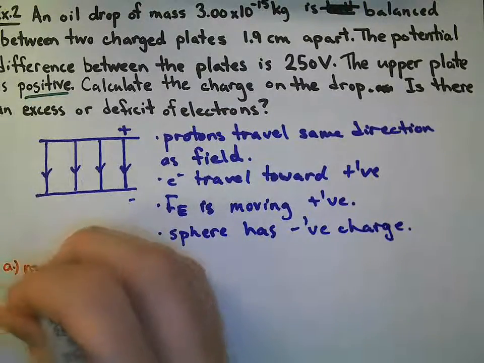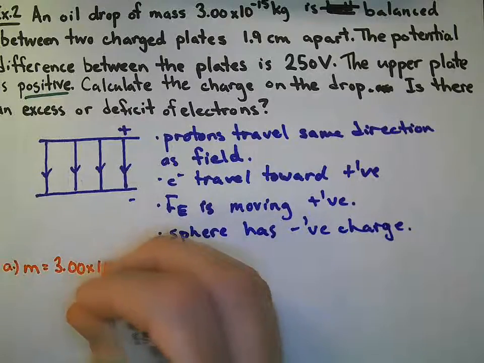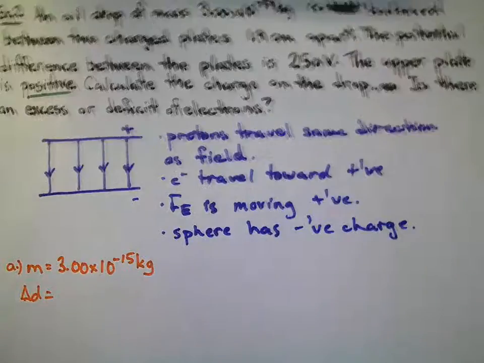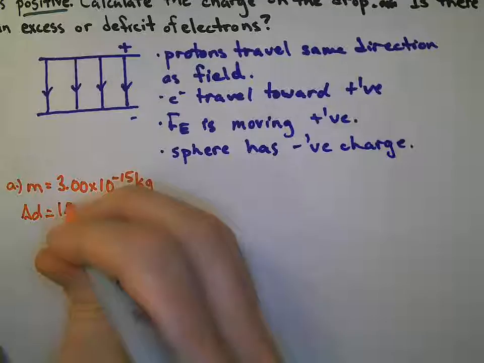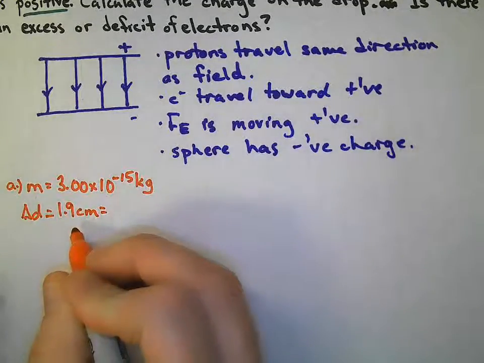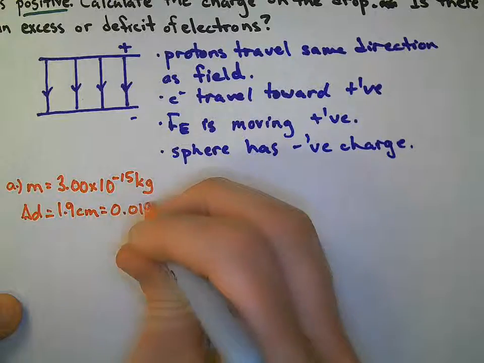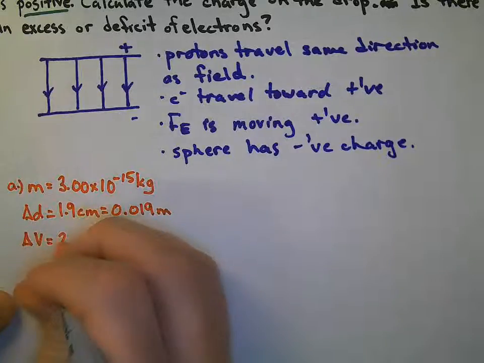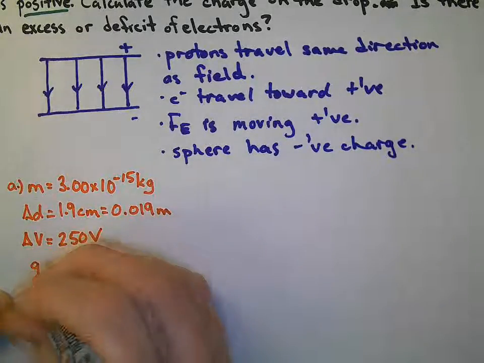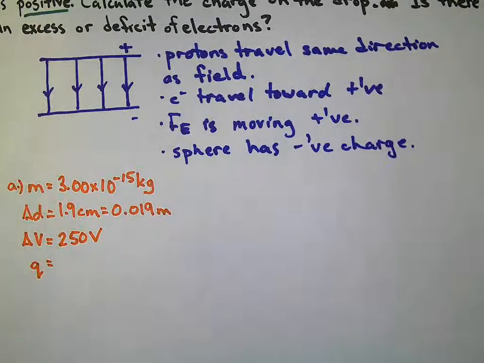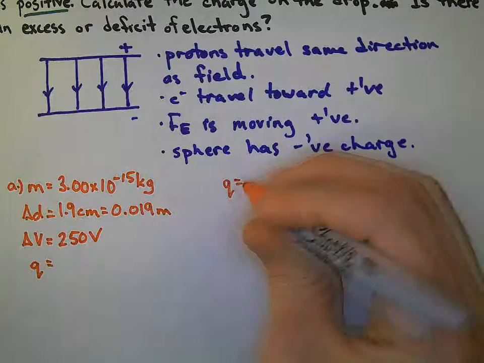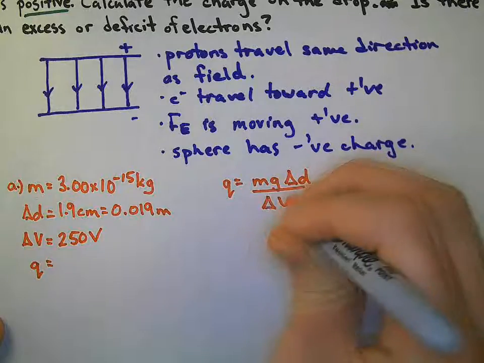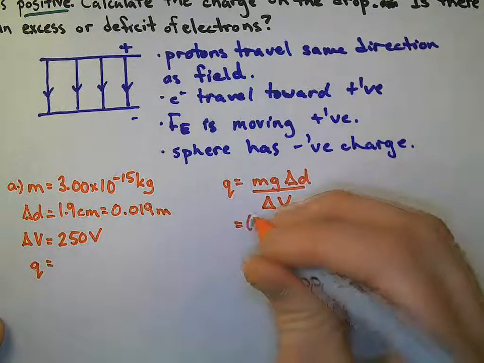Since we're given the mass, the distance between the plates, remember 1.9 centimeters, always make sure you convert this to the SI unit by dividing by 100, 0.019 meters, and we have our potential difference, it is quite easy to calculate the charge on that sphere using mg delta d all over delta v and making those substitutions.